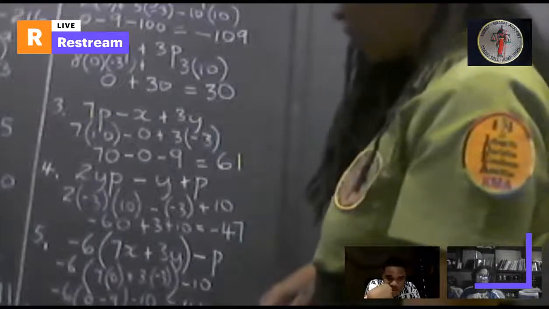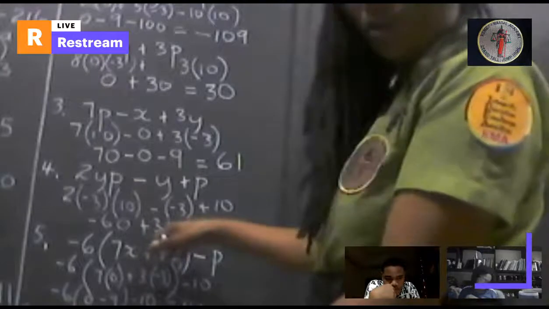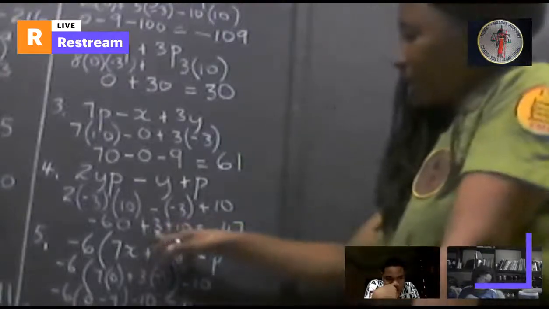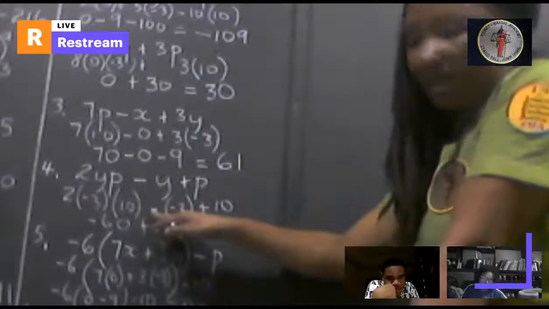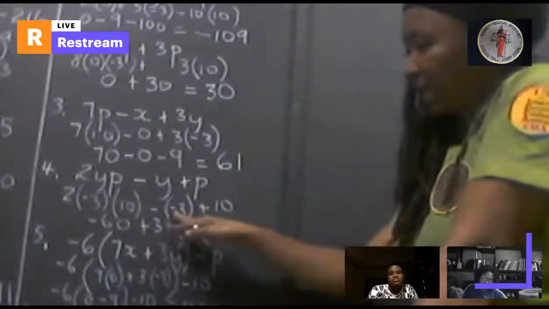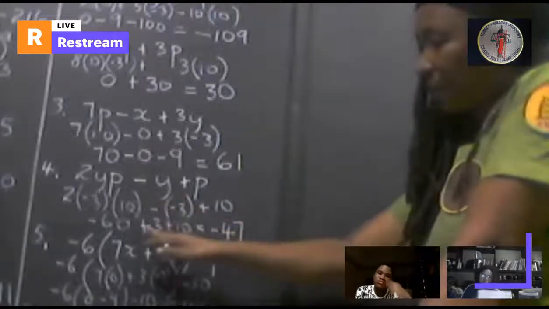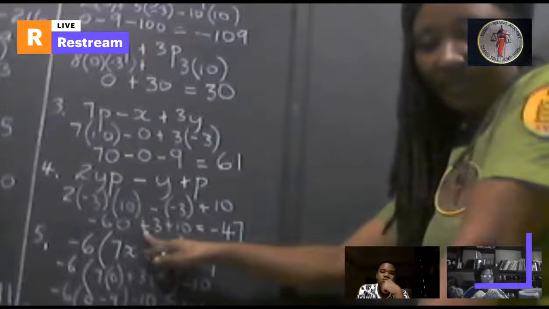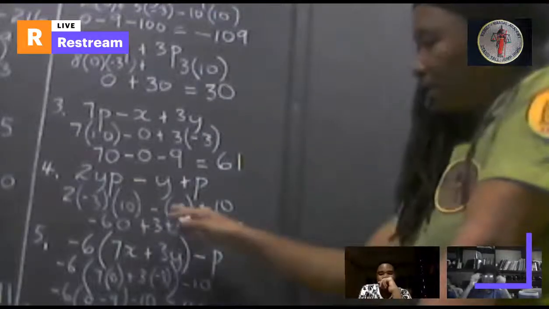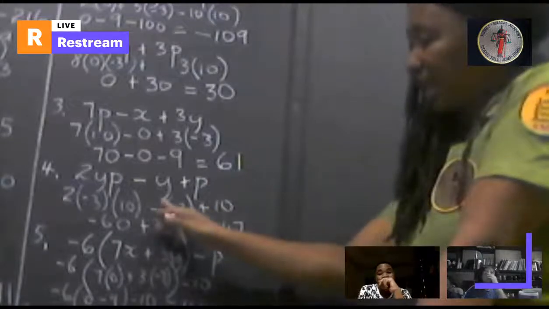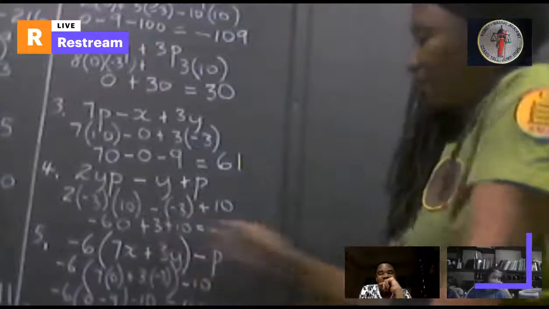Which one of the number 4s is positive 3? Oh, this one. Okay, so the positive 3: negative times negative 3, two negatives multiplying would give a positive. You see that? So this is like saying negative 1 times negative 3, positive 3.